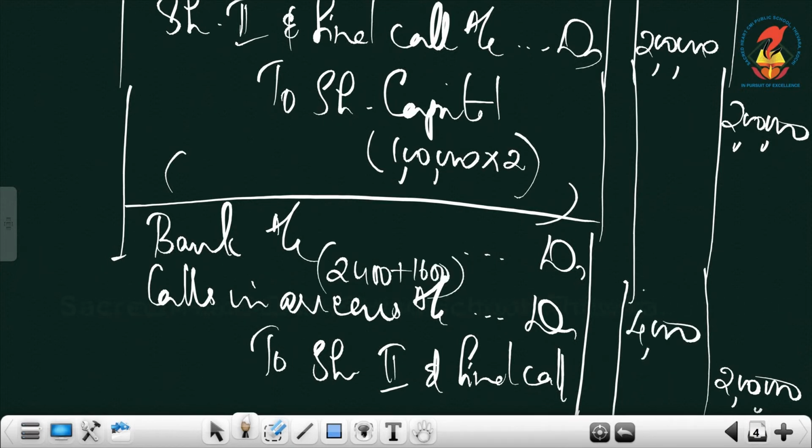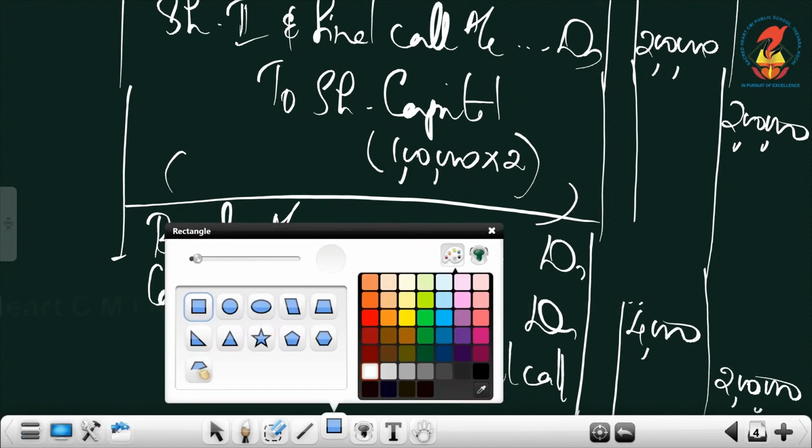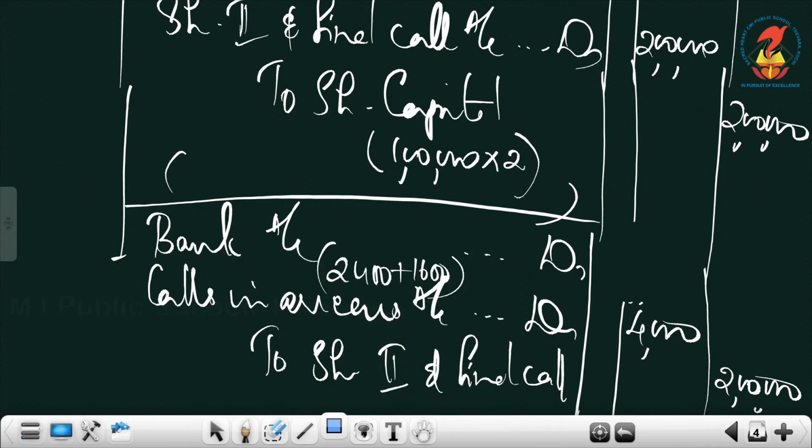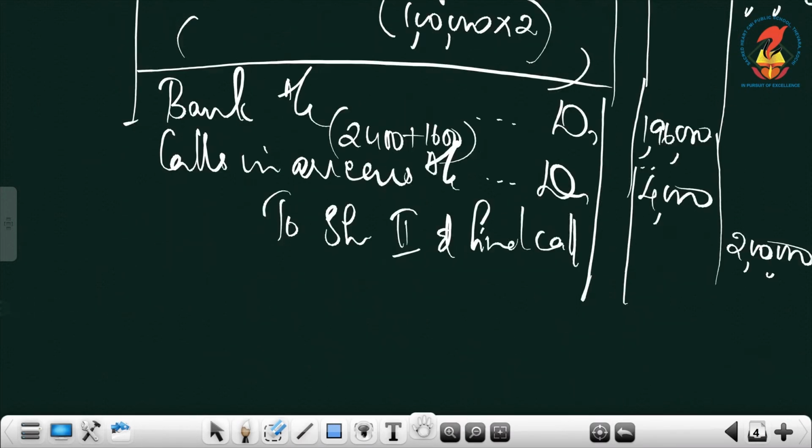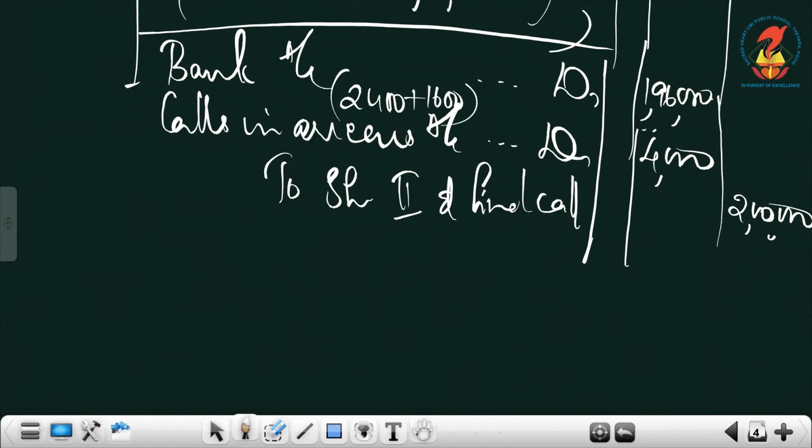So 4,000 will be the amount. So you can write the bank figure now as 1,96,000. Yes, so 1,96,000 is the second call received amount.